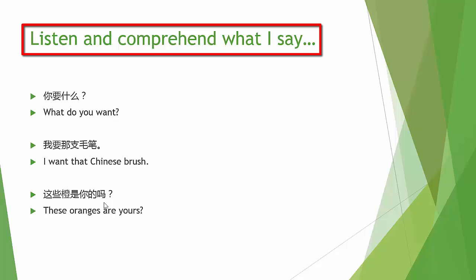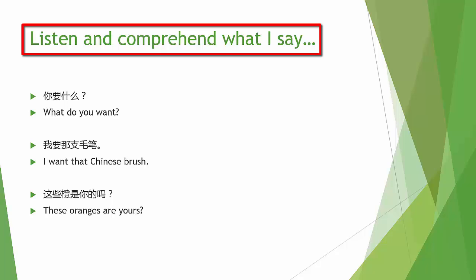But if you want to make it a question, just add ma at the back. Of course, the other way of asking this question is 这些城是不是你的? Just make the 是 into 是不是. Then it becomes a yes or no question.